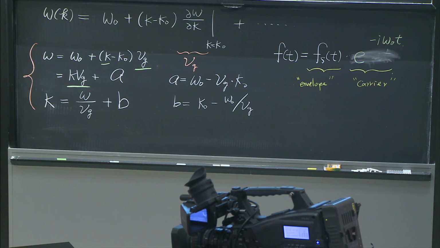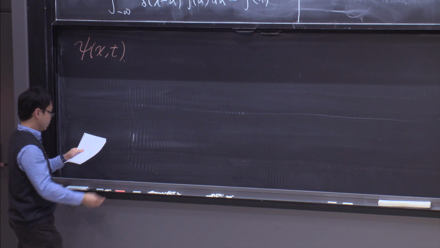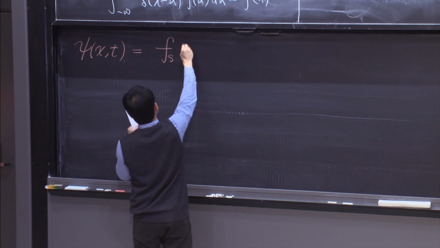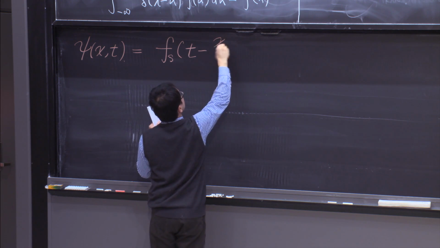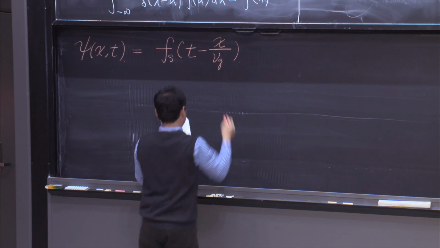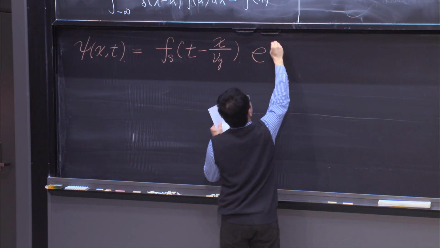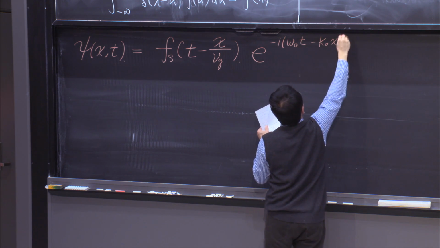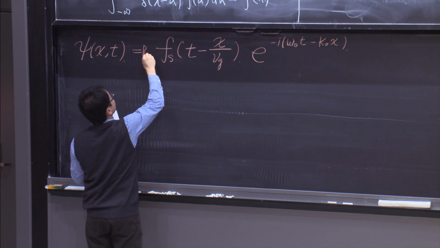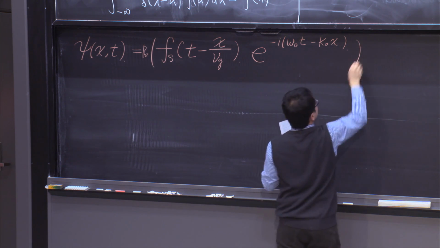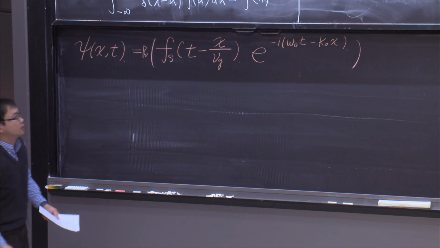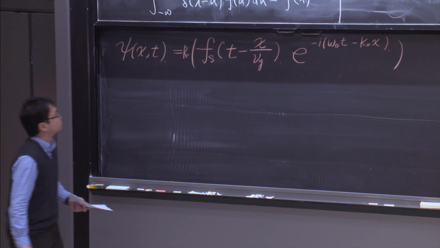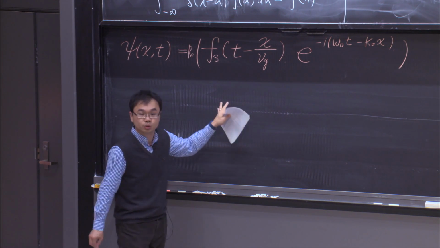I would like to show that the resulting amplitude will be equal to fs of (t minus x divided by Vg) times exponential of minus i (omega 0 t minus k0 x). Of course, I need to take the real part of this to go back to the real axis. Basically, I dropped the i sine omega t contribution. Okay? So this is what I want to show.